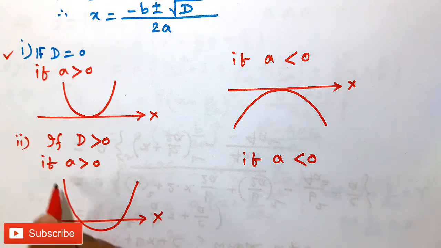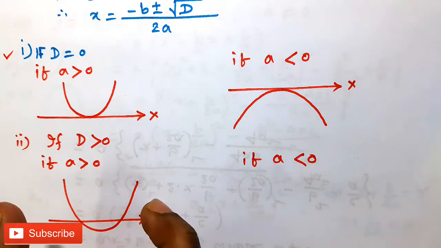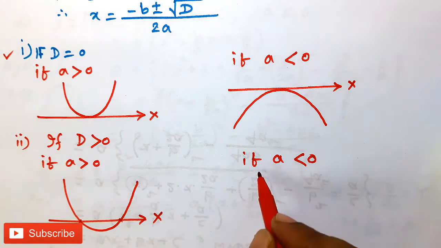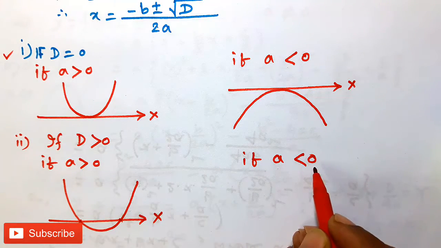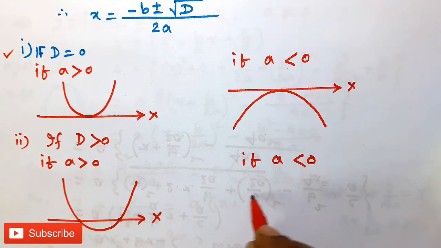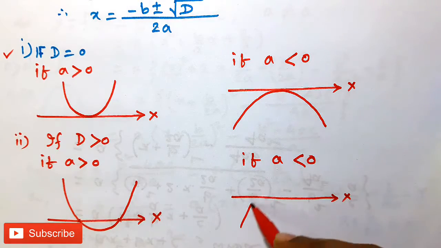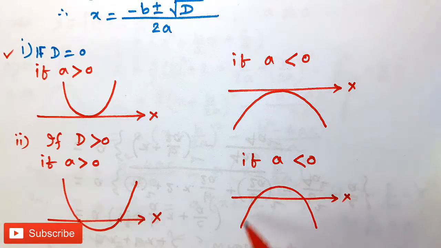So you see that the parabola opens upwards and it cuts the x-axis in two distinct points. And if the leading coefficient a is less than 0, then the parabola obviously cuts the x-axis and opens downwards. So see, it opens downwards and it cuts the x-axis in two distinct points.